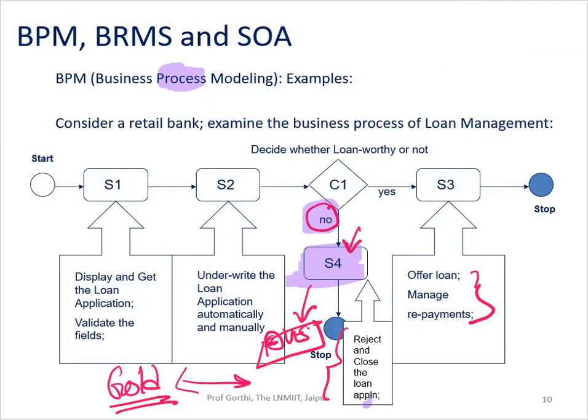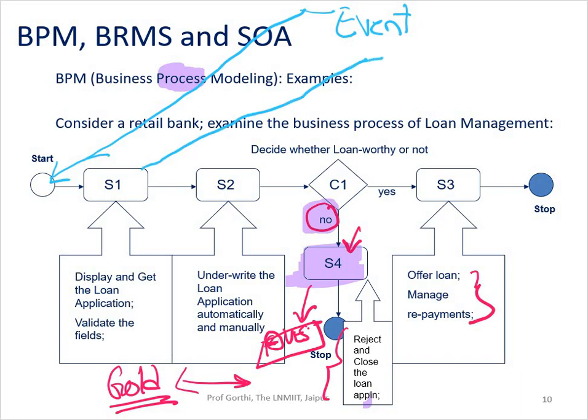So in any business process modeling, these round circles are nothing but your event, that is the name or the source, and these rectangles with curved ends are representing the activity, and these diamond boxes are the gateway, whether to go in a particular direction or not.